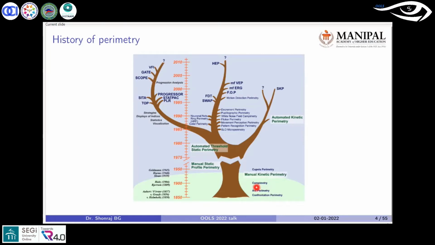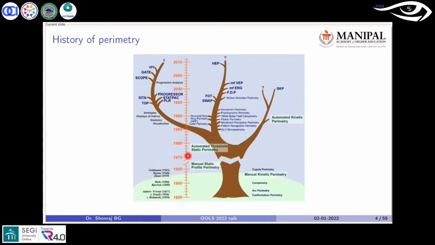There was a major breakthrough in perimetry in the 1950s with Goldmann, who started the manual kinetic perimetric method, which was a standard for a pretty long time.